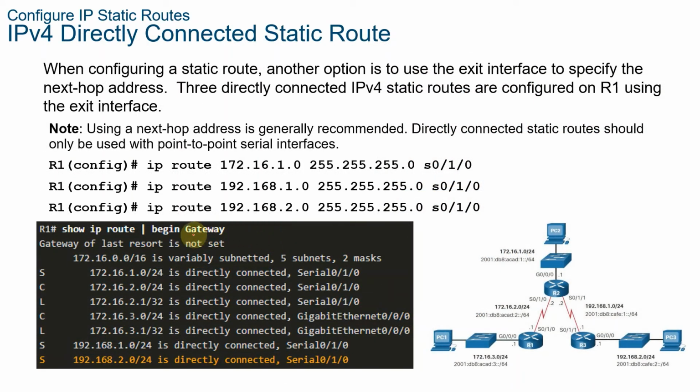Okay, so next would be the IPv4 directly connected static route. Okay, so when configuring a static route, another option is to use the exit interface to specify the next hop address. So the figure shows the topology again that we used on the demonstration.